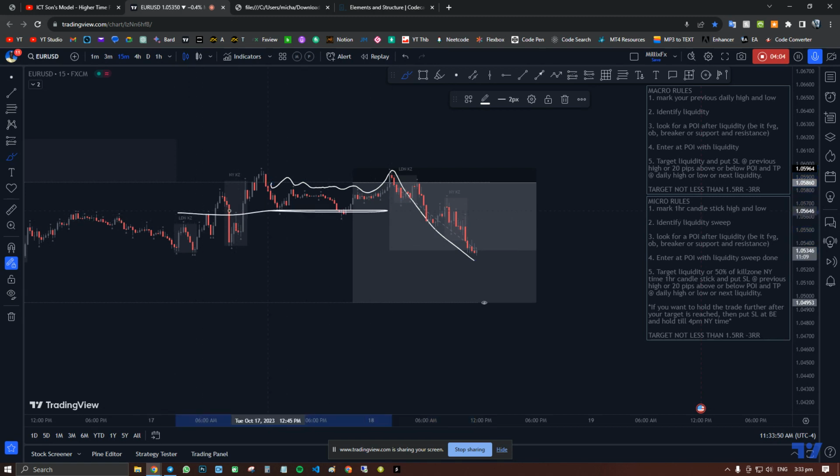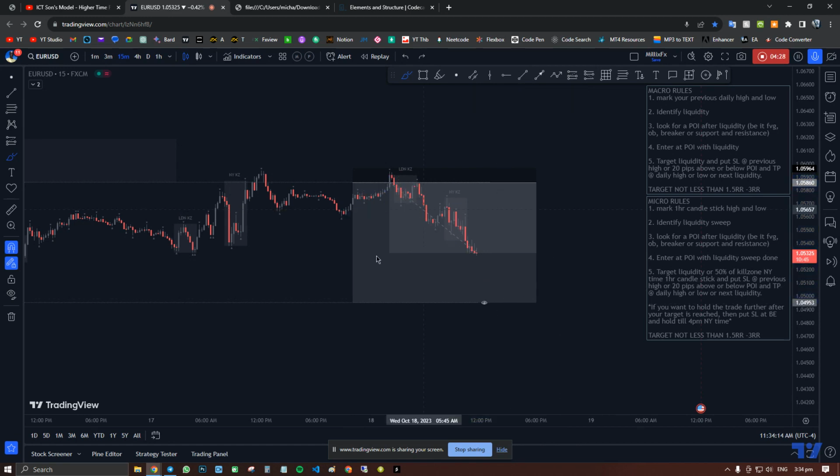This was where I would have taken my second partial, which was 0.5, by the way. Then I'd ride the rest to the downside, knowing very well that after the 0.5, my SL would have been at break even by now. But this one took me out because I did it too early, and the 0.5 would have run through to this place, and I would have come home with a decent profit.